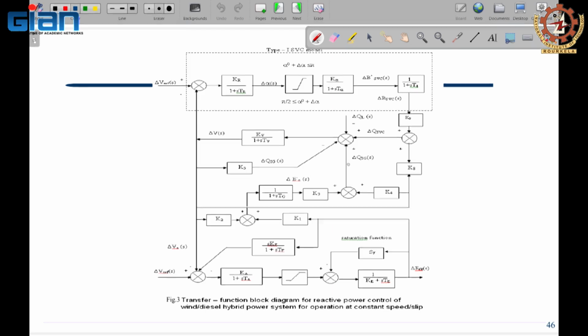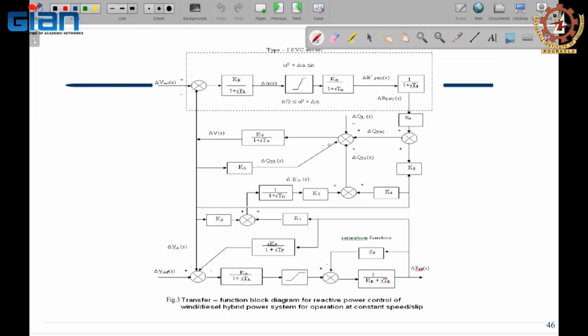You can see the small deviation in the reactive power generated by the synchronous generator, then the small deviation in the reactive power of the static VAR compensator. What you have is the reactive power consumption by the induction generator, that's why it's coming with the minus sign, and the reactive power consumption by the load.